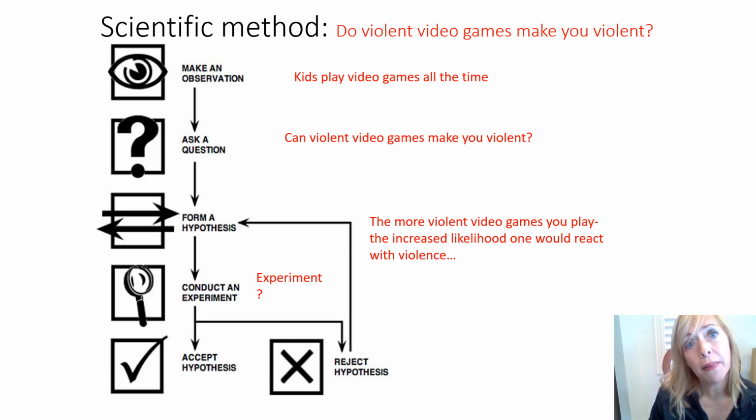So it can form a hypothesis. The hypothesis could be the more violent video games that a child plays, the increased likelihood they might react with violence when they're put under a stressful situation. Could that be a good hypothesis? And then I'd have to formulate an experiment to do this.